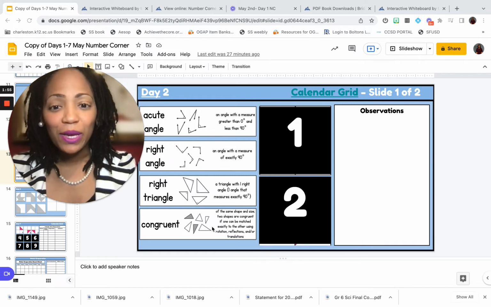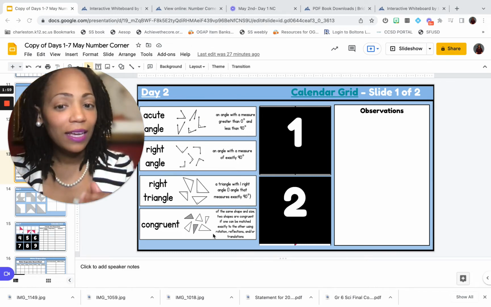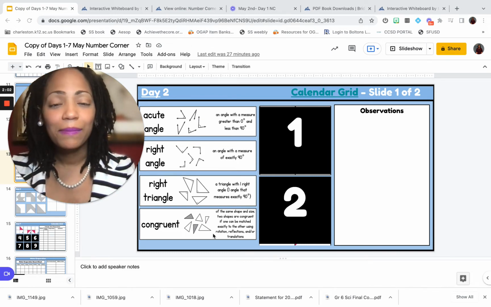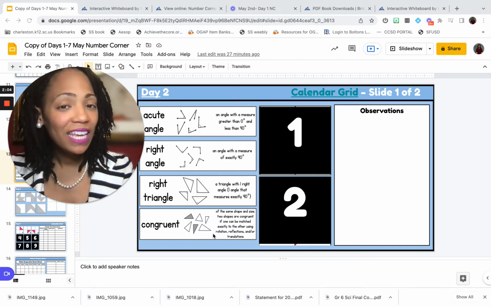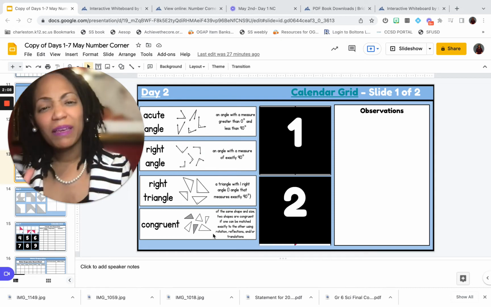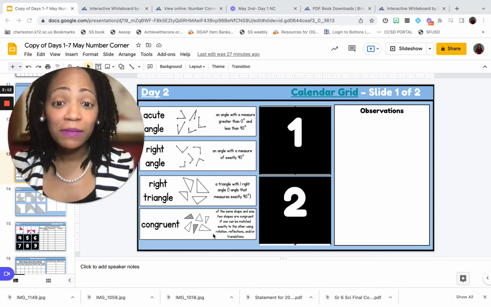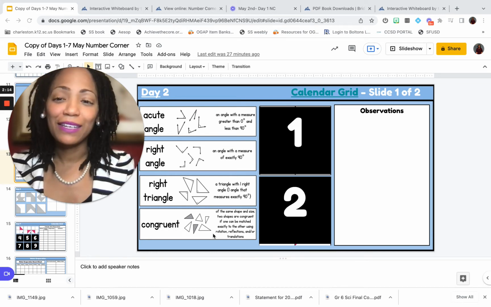Okay. We also say triangles are congruent if they are the same shape and the same size, even if their orientation might look different, meaning maybe it's turned one way versus the other way. But if they're the same size, same shape, we would say that's congruent.